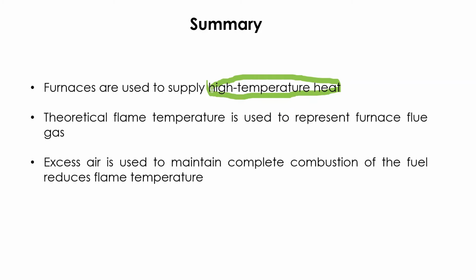It is used to represent the furnace flue gas under adiabatic conditions. Another important thing is that we use excess air to maintain complete combustion of the fuel, and to reduce the flame temperature to avoid dissociation reactions.